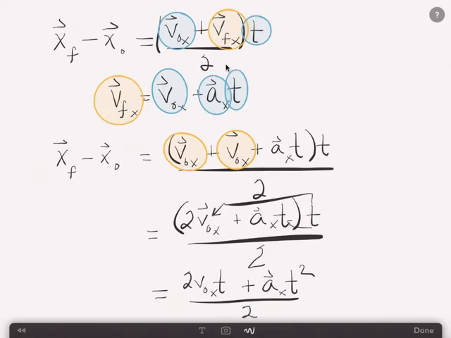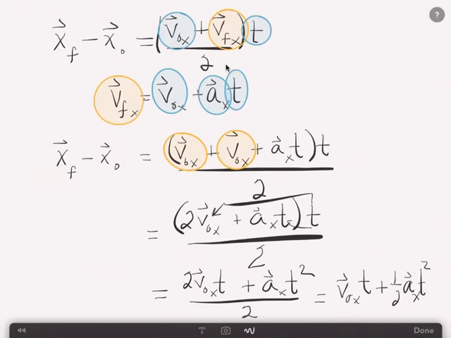Okay? And this is just going to equal v initial in the x direction times t plus 1/2 a x times t squared. So what does our final equation look like?